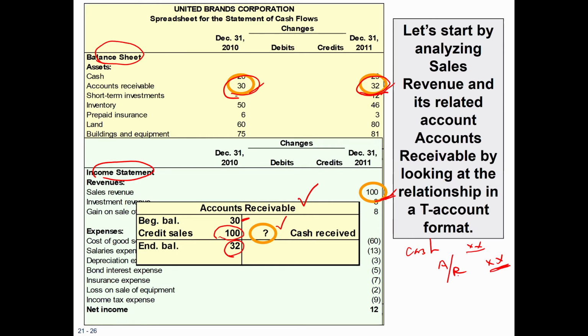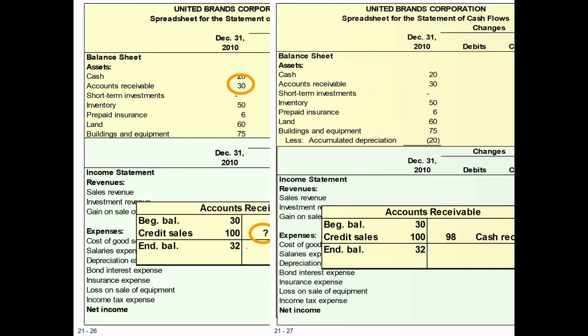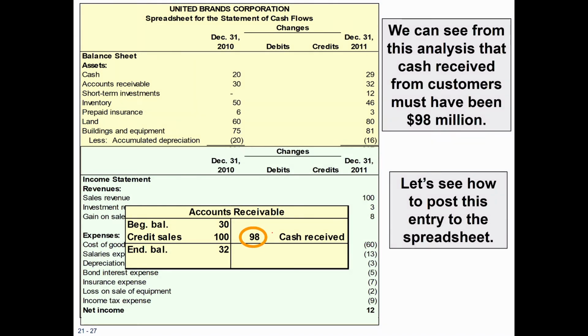Now if you look at the T account, 30 plus 100 minus this number should be 32. That is why this number should be 98. That's how we get the cash received from customers.